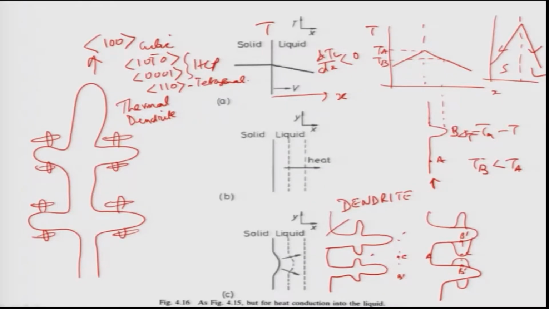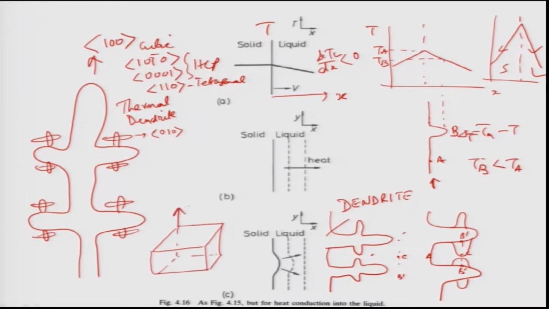So if this is the 110 direction, this will be perpendicular to that, this one will be 010. In 3D, that is what we see in a 3D structure, there will be 6 arms of the dendrites, because in a cubic crystal there are 6 <100> directions, that is very clear. If you draw a simple cubic unit cell, there are 6 <100> directions.